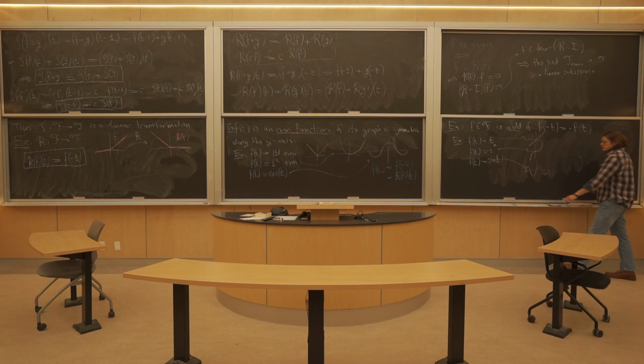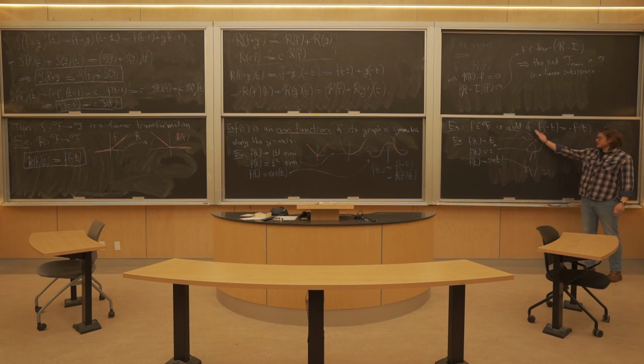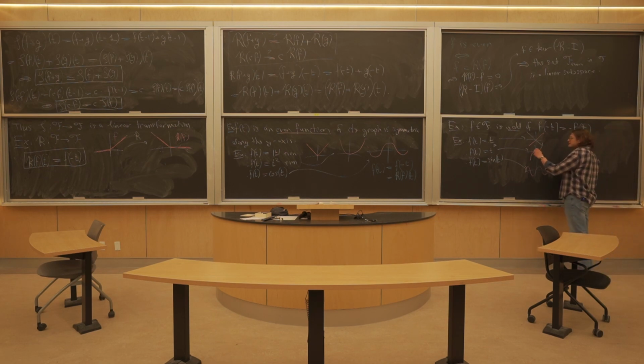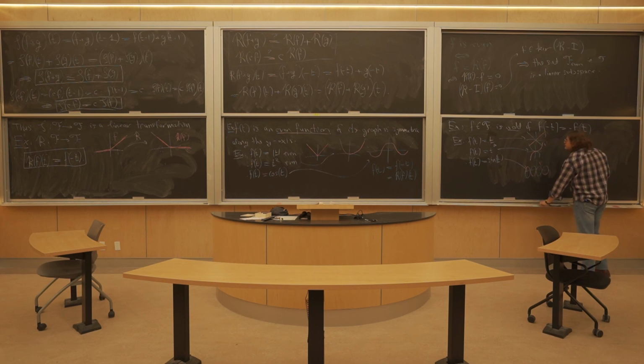Certainly, if I were to take this and reflect it, I would now get this shape, which is nothing but this shape reflected this way. That's what it means for this to be odd. And if I were to reflect this along this, I get this shape. And if I were to reflect this along this, I would get this shape. So if the red one is f, the blue one is r of f.